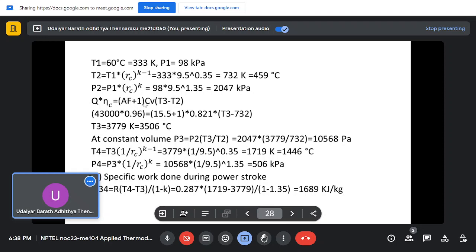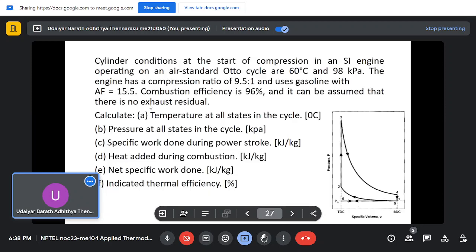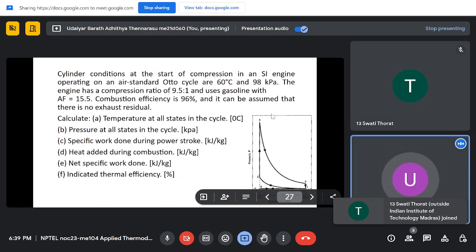So here heat is added because of combustion, Q in, which is the calorific value into combustion efficiency into mass of fuel, and that will be equal to, in the cycle we have a combination of fuel and air, so m dot F plus m dot A, into, this is happening at constant volume, so CV into T3 minus T2.